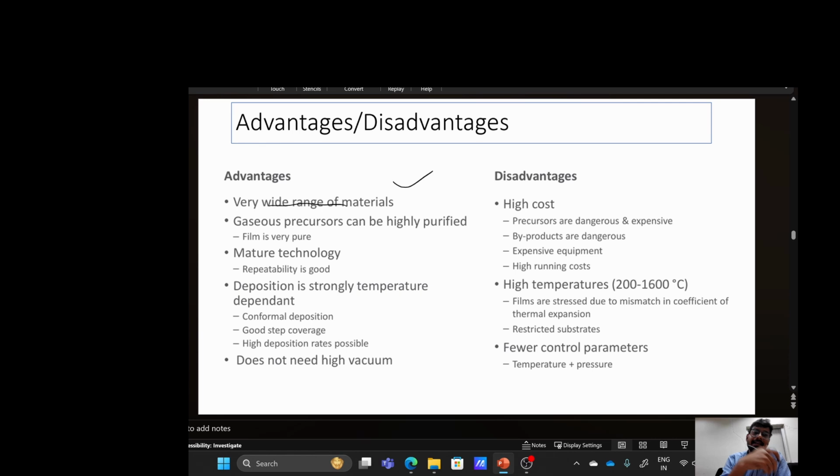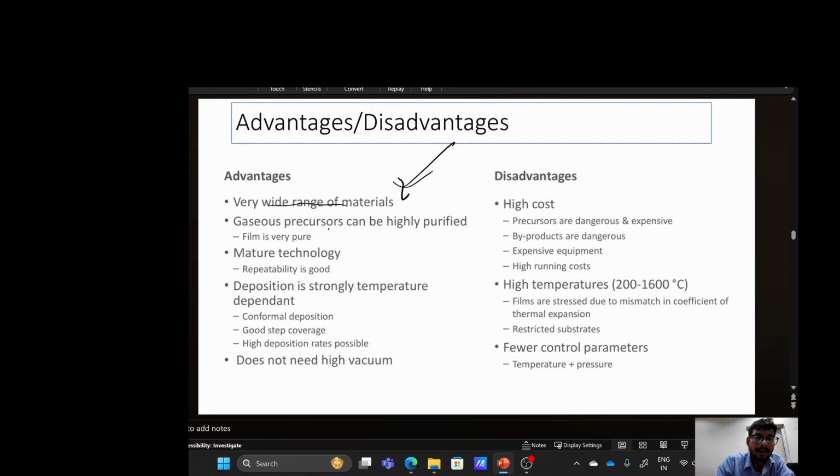You will be given a temperature range, and the flow rate and all these things you need to optimize. Your seniors or earlier people who worked here must have optimized for a wide range of materials. The main thing is that the precursor should be volatile. We will come to what type of precursor will work. If the precursor is available, a wide range of materials can be grown.